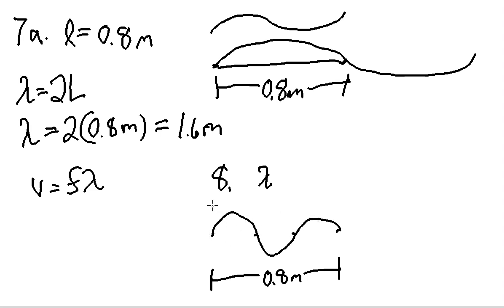So if you look at just the first 2/3, that right there gives you your wavelength. So here's one full wave right here. So what that means is our wavelength is going to be equal to 2/3 of the length.